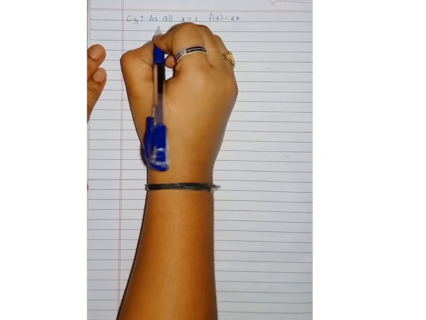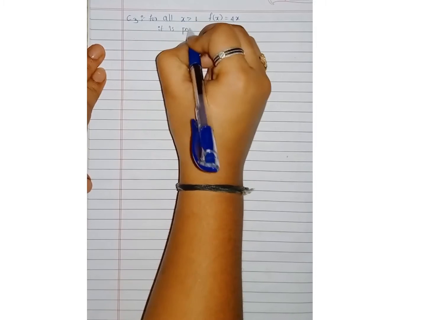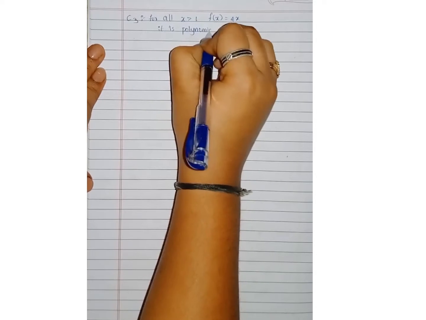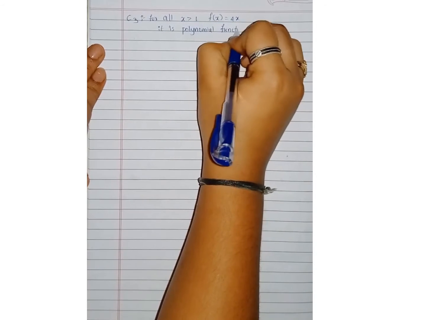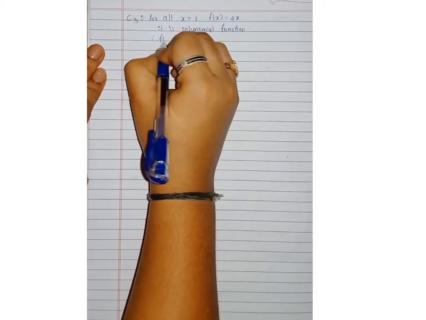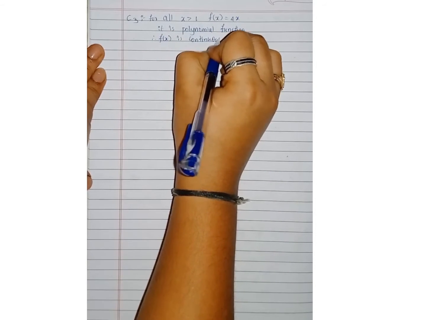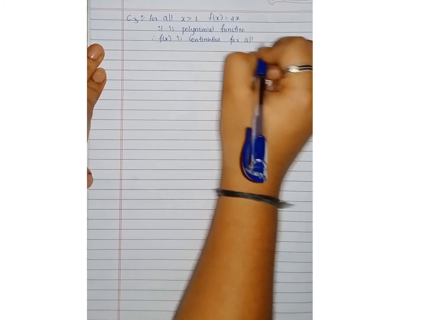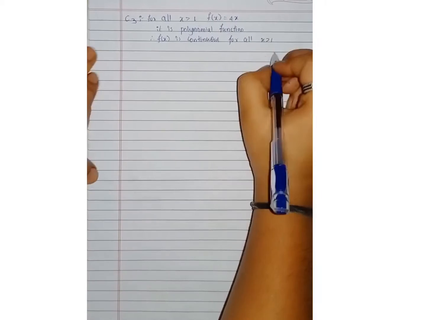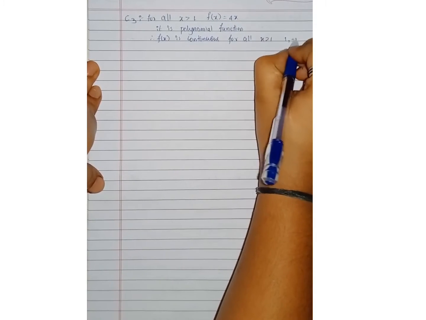So we can see it is a polynomial function. So therefore the function is continuous for all x greater than 1, that is from 1 to infinity.